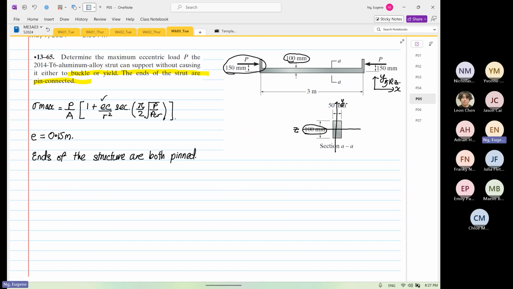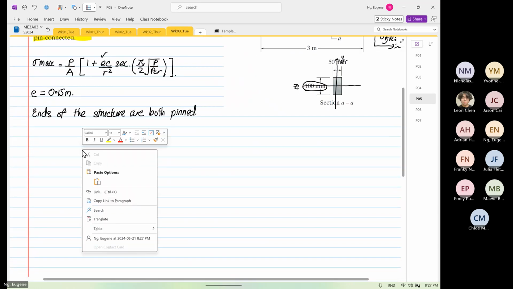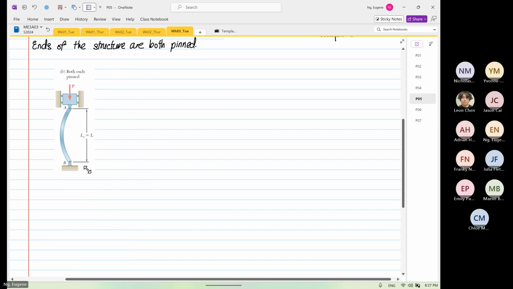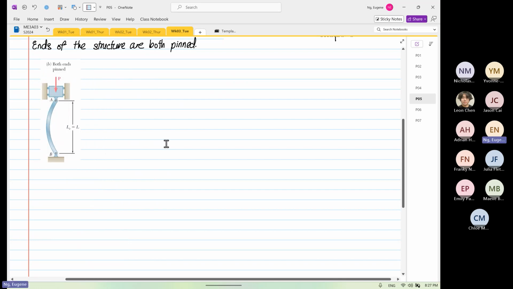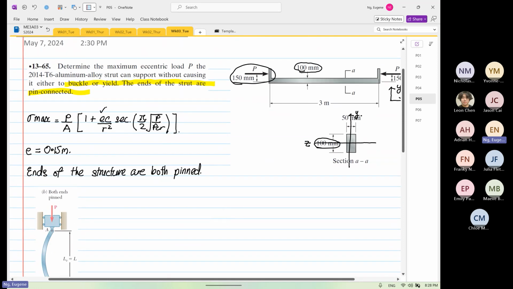Okay, they're both pinned. So when that's the case, when pinned at both ends, we have this situation now. We have pin at both ends.